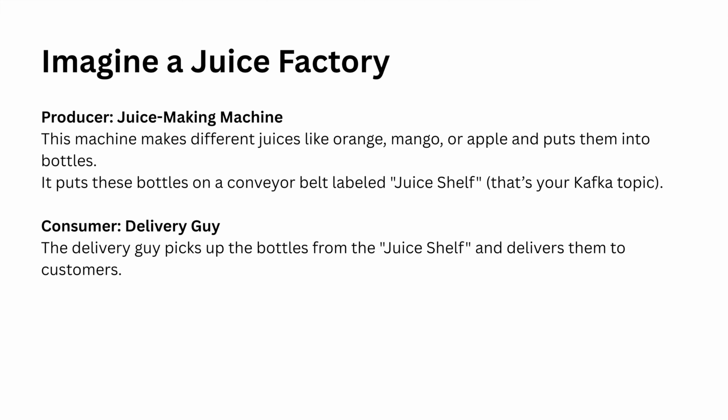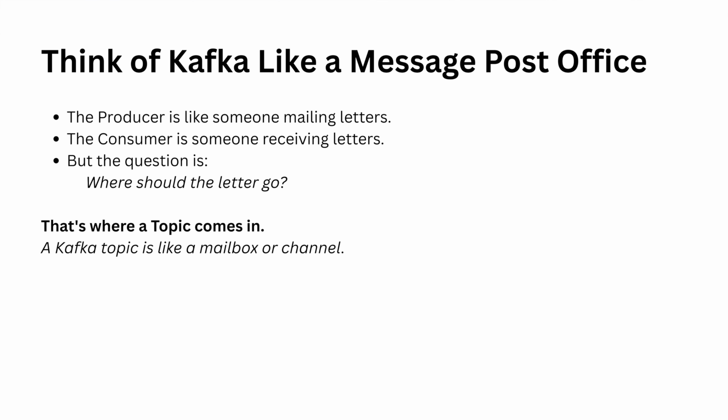Alright. You can also think of it as a restaurant where you have a chef making items and providing it to a table, which is your Kafka topic. The delivery person or the Zomato guy basically picks up that order and delivers it to you, and you being a consumer. So this is like producer produces, consumer consumes, right?